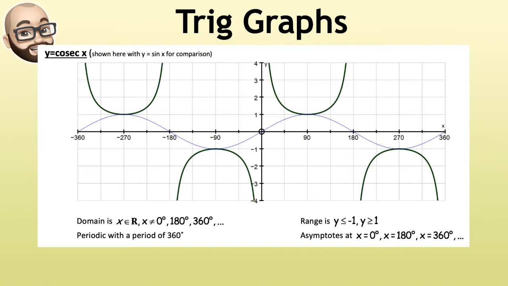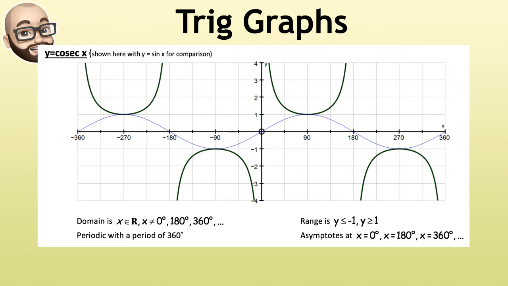But the numbers here are slightly different. The sine graph starts at 0, and 1 divided by 0 we can't do, but 1 divided by 0.0000001 is going to be a really big number. So this graph starts up towards infinity, comes down to 90 degrees, hits a minimum at 1, and then starts curving back up towards infinity. At 180 it then jumps and does exactly the same on the negative.